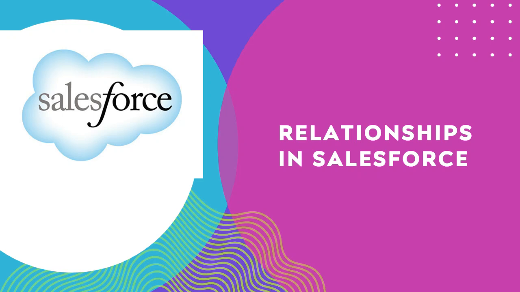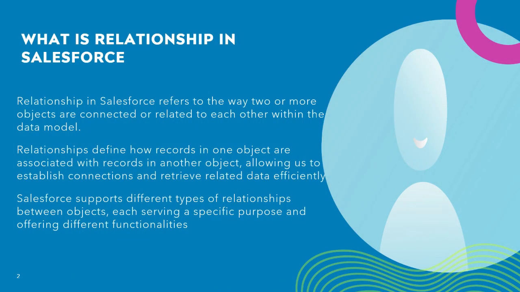what are the relationships between different objects in Salesforce and what are the types of relationships we have. Okay. So before that, we need to understand what a relationship is in Salesforce. Simply, it means two or more objects are connected or related to each other within the data model. Like you can see in the example, account and contact are related to each other.